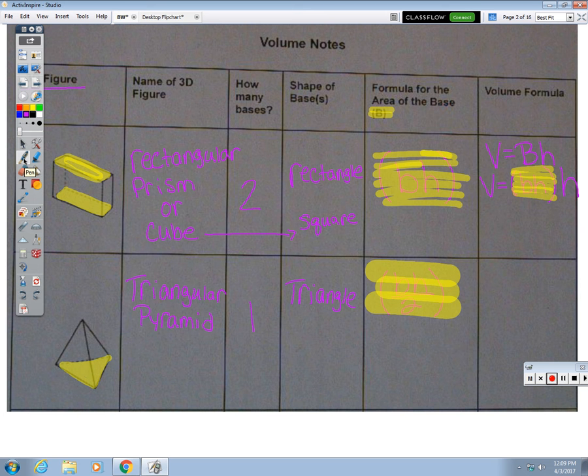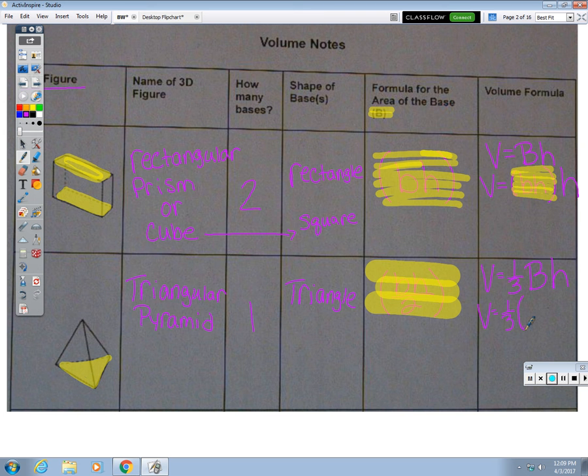Now, on the triangular pyramid, remember the pyramid has that 1/3, and we're going to find out tomorrow what that 1/3 means. So volume equals 1/3 big B. Big B stands for area of the base times the height, and that height stands for the height of the three-dimensional figure. What is my big B going to change into here? Okay, B times H divided by 2. So I'm going to have volume equals 1/3.